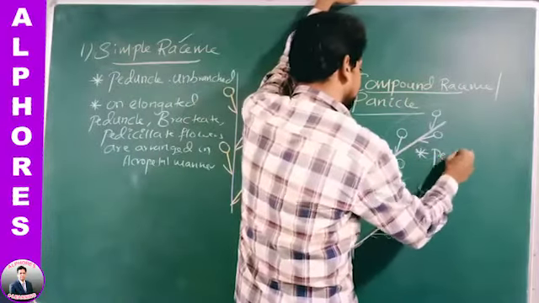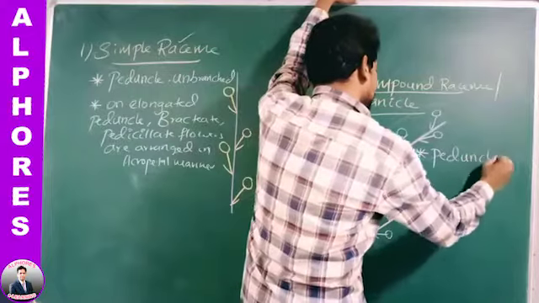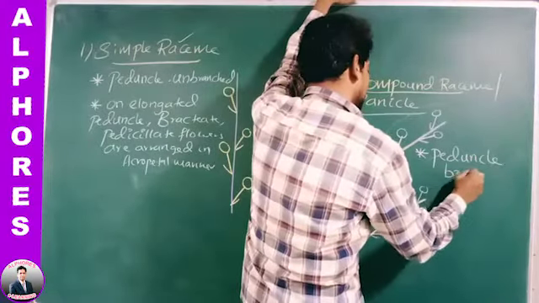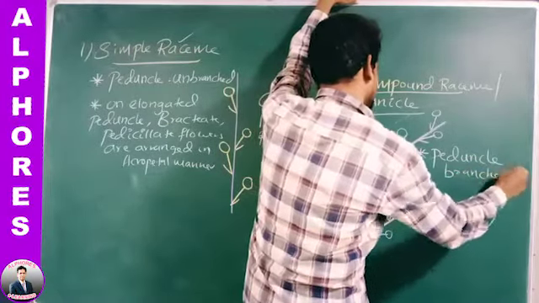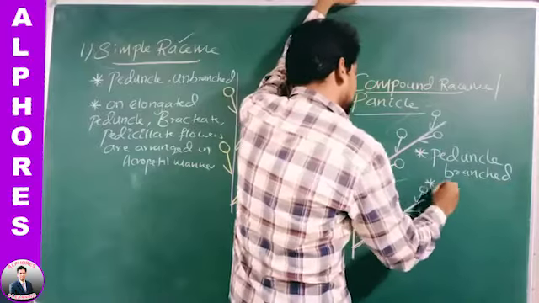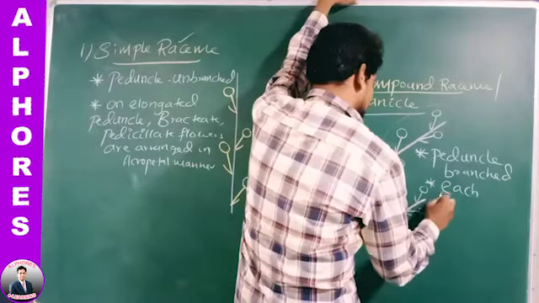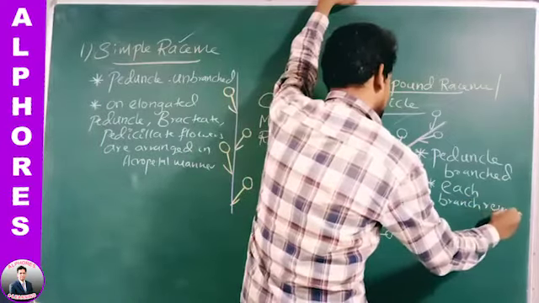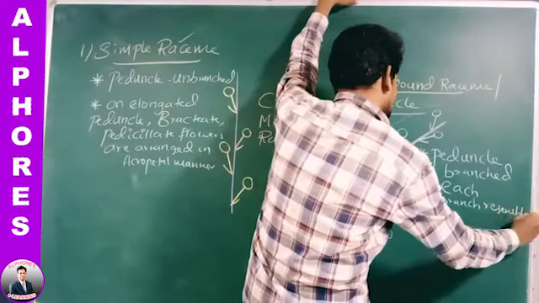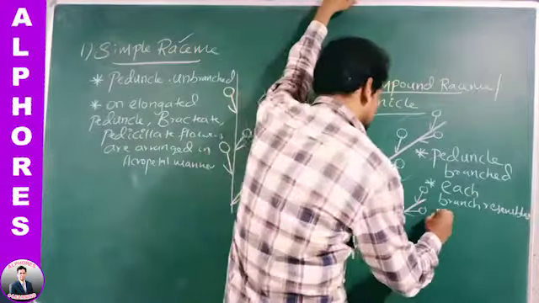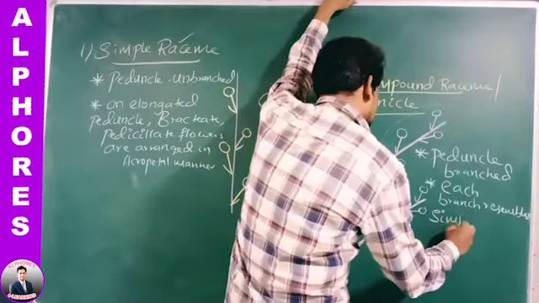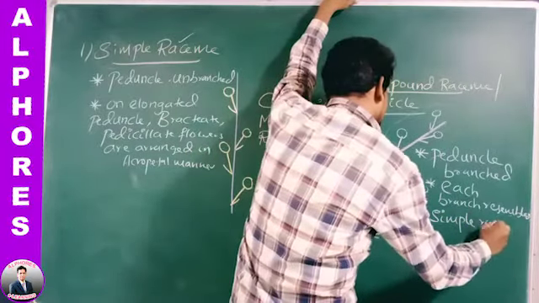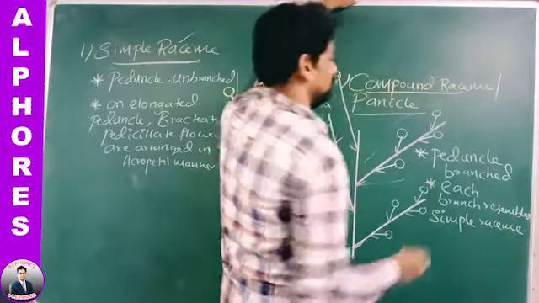Peduncle. Branched or unbranched? The peduncle is branched. Each branch resembles a simple raceme.